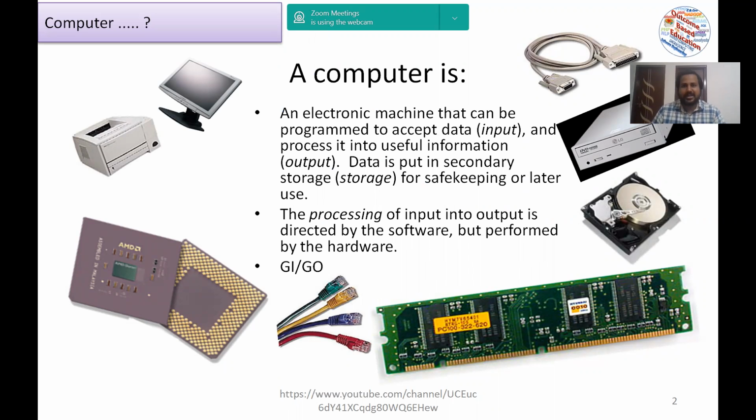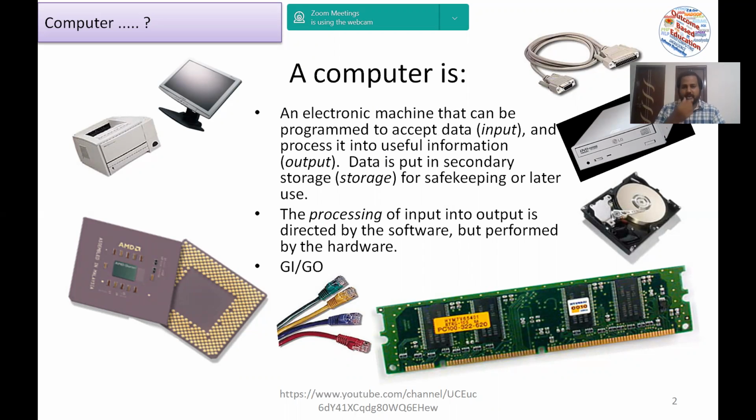The computer is an electronic machine. You can program it to accept some data, process it, and give you some output, so that it can take information from the user, process it, and convert it into a useful output for the user.